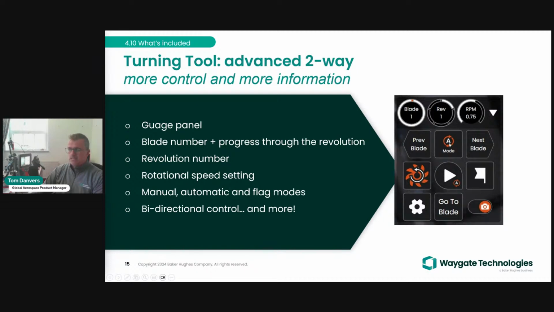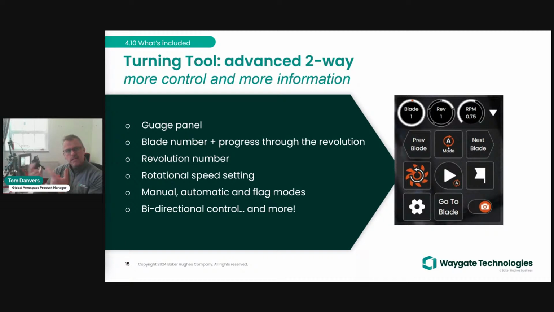This isn't showing you everything because this is in automatic mode, symbolized by the letter A. If I tap that screen, it will go into manual mode or flag mode. So there's auto, manual, and flag modes, and you're able to manipulate the blades that you're inspecting in any of those three modes.